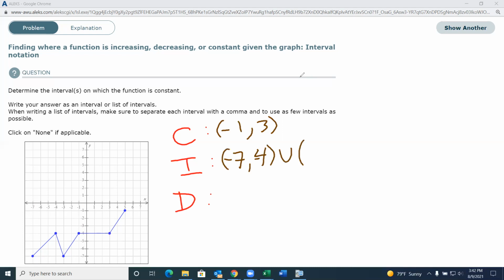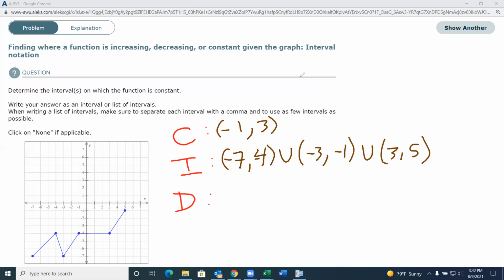And from -3 to -1, because it's increasing there. And it's increasing right here from 3 to 5. And there we go.